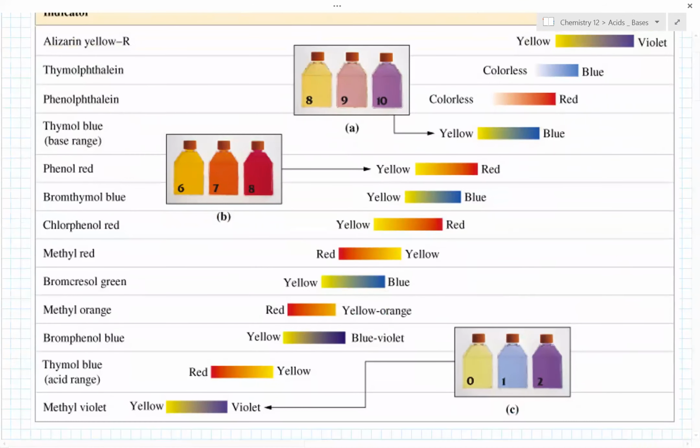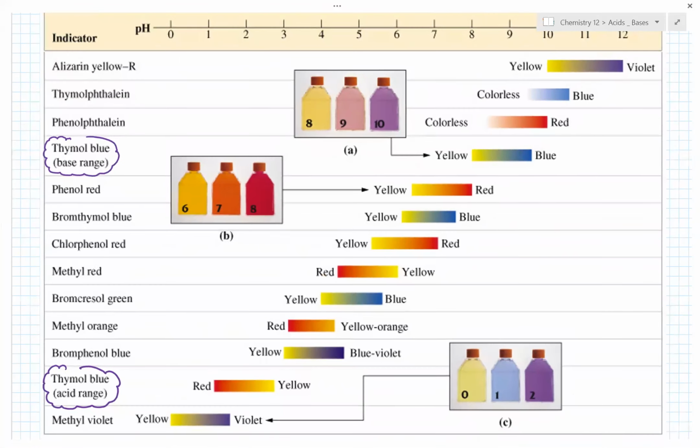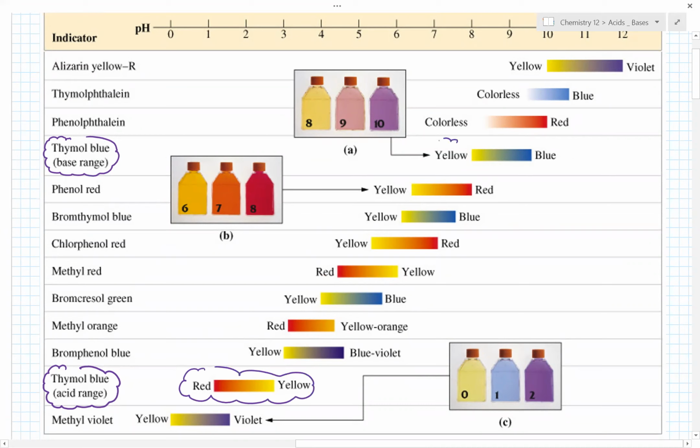Now, most of the indicators that you have only have one color change. But one thing you should notice is thymol blue. Thymol blue, there's one up here and there's one down here. Thymol blue actually has two color changes. It goes from red to yellow down here, and it goes from yellow to blue up here.